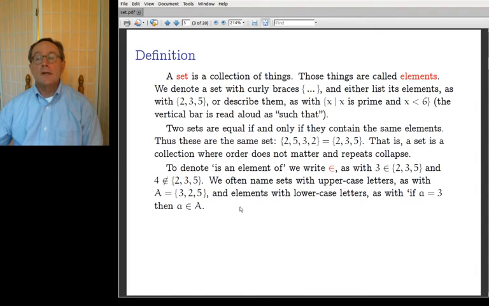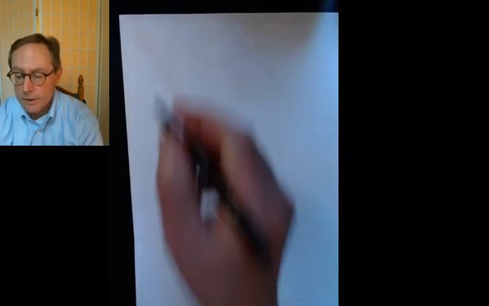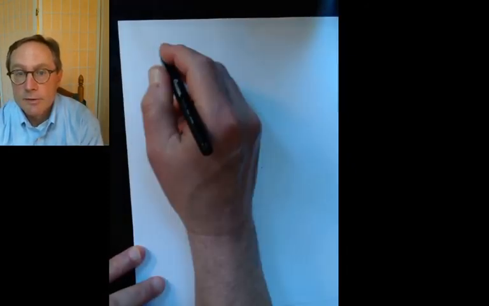To denote "is an element of," we write the symbol epsilon there, kind of a funny looking epsilon. We read that aloud as "is an element of." 3 is an element of {2, 3, 5}. 4 is not an element of {2, 3, 5}. Just to help a person with how to write that by hand, I'll write down what I would write, even though I have terrible handwriting.